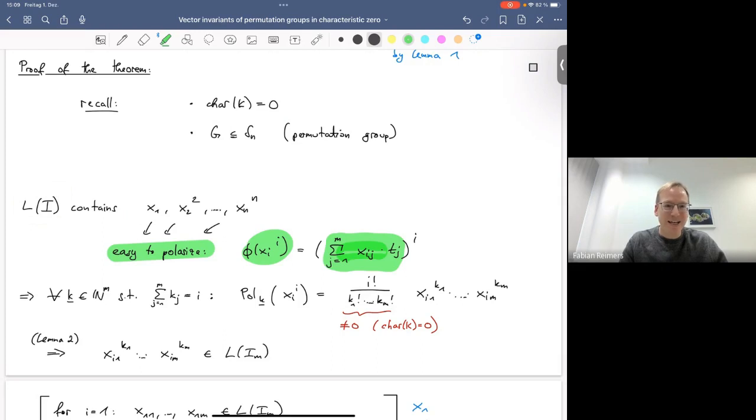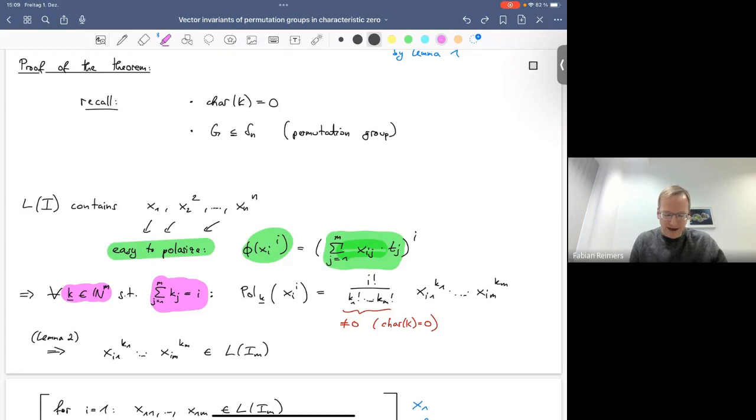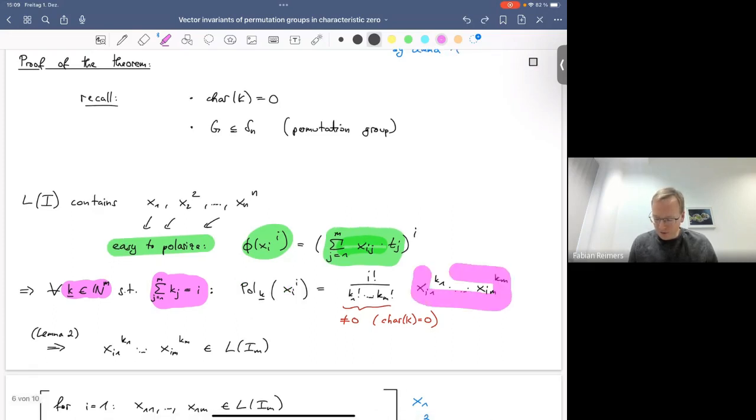You see that for any multi-index which has the same degree as the exponent i, otherwise the polarization would be 0, the polarization corresponding to this multi-index of xi is this monomial times some factor. But we assumed characteristic 0, so this factor will be non-zero.